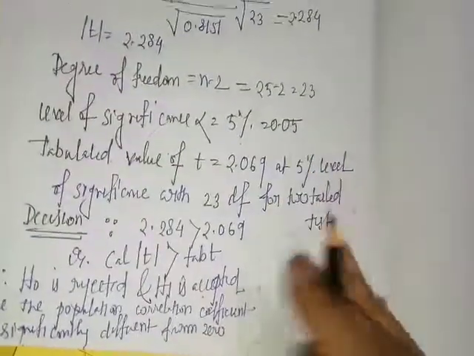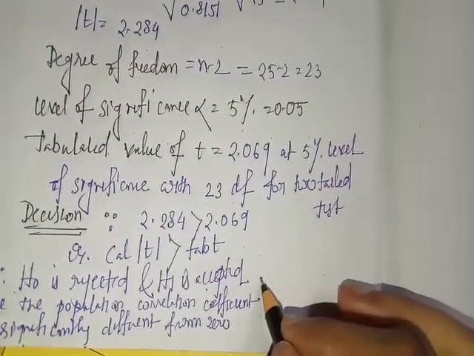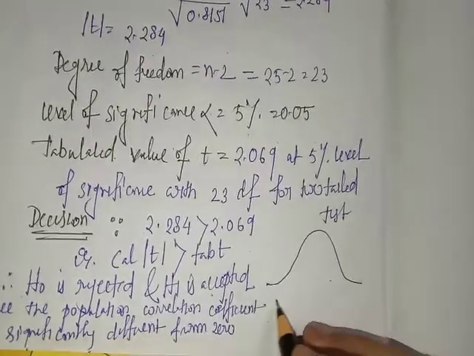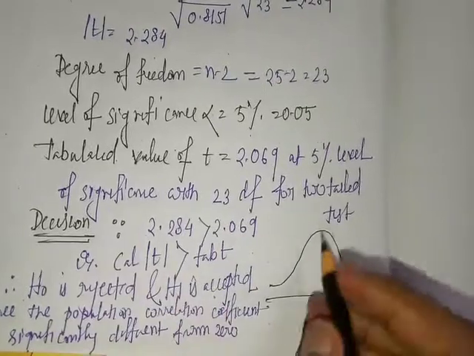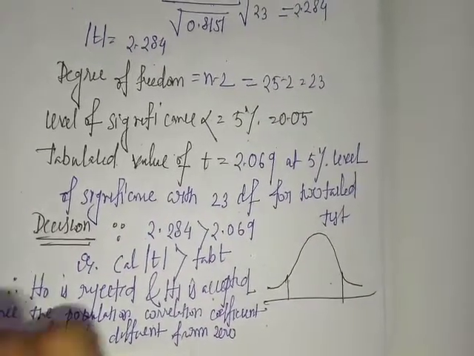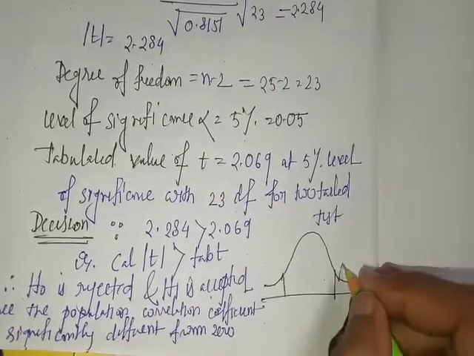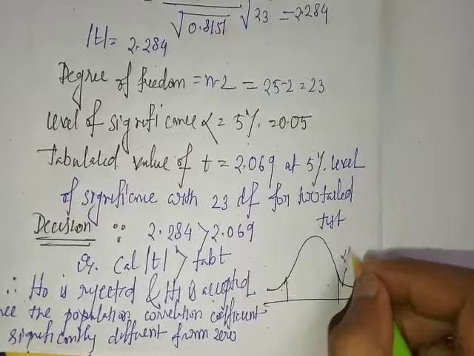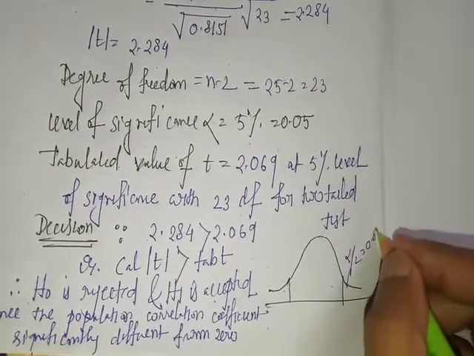Next, the figure. This is a two-tailed test, so the error will occur on both sides. Here the level of significance is 5%, so 0.025 error will occur on the left side and 0.025 on the right side. Each is alpha by 2, that is 0.025.